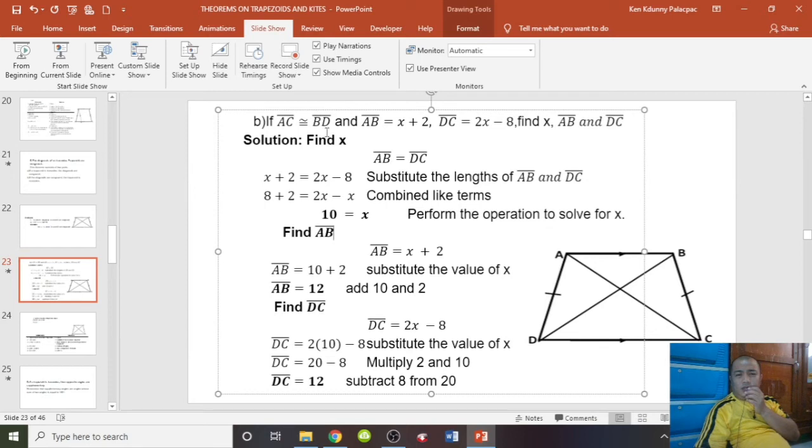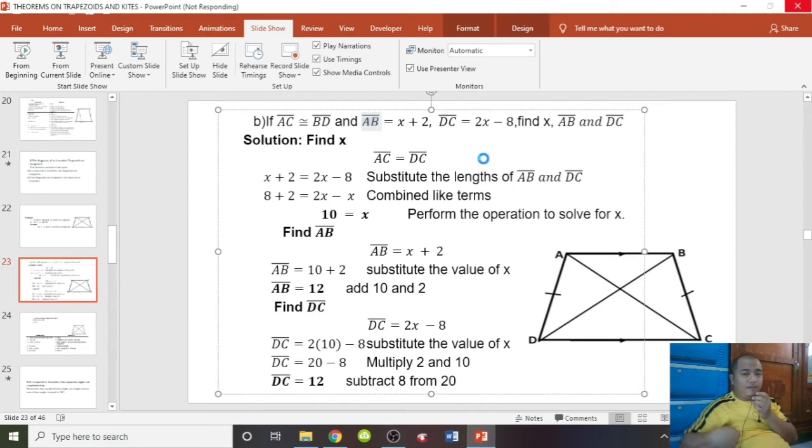Okay, AC is congruent to BD. Okay, edit lang natin, ha. Oh, ayan na.